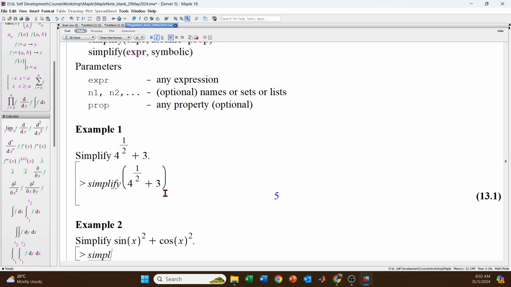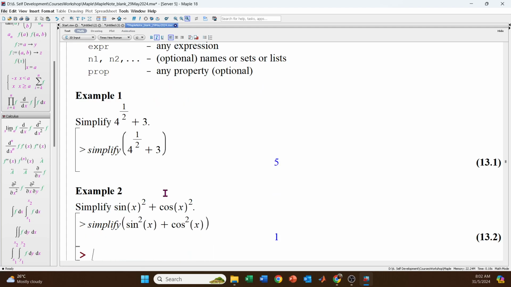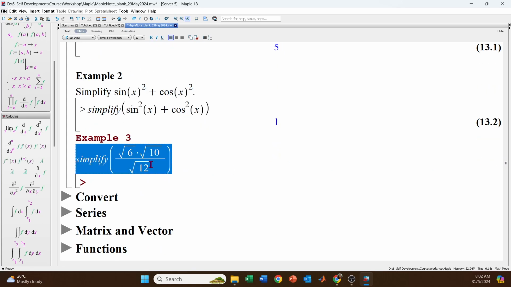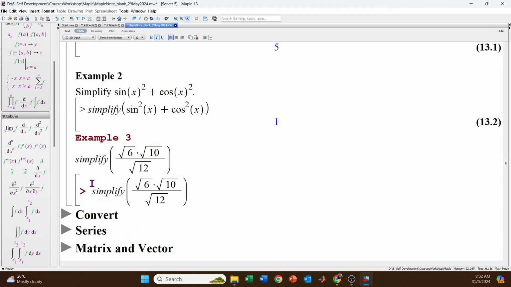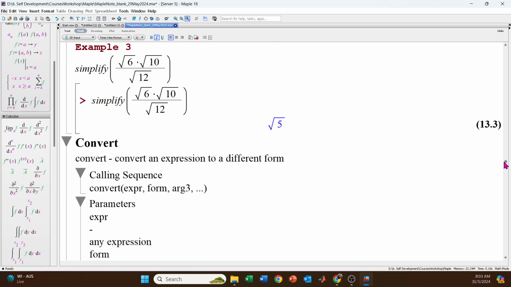So it's simplify sin, and then power shift 6, x, make sure of the bracket, plus cos power shift 6. Any function must be opened and closed with a bracket like this. I can delete that. This one I just copy and put here.